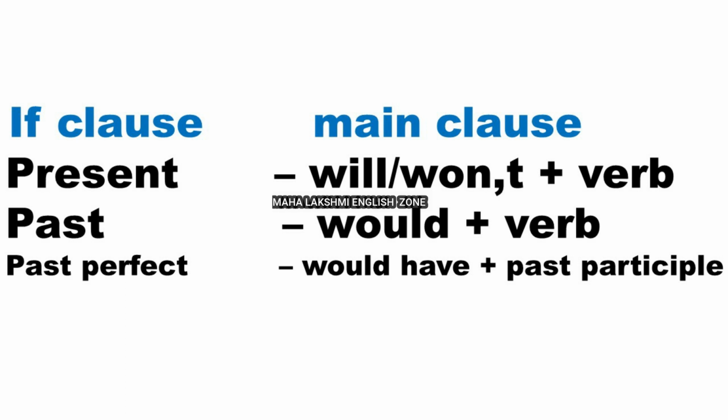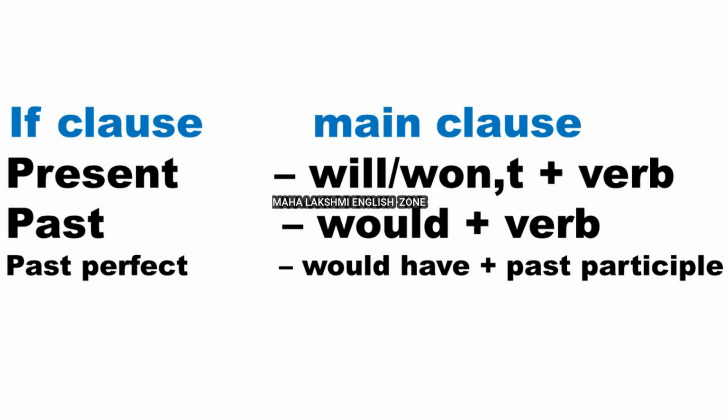So the first one is, in the if clause, the verb is in present tense. In the main clause, our answer will be either will plus verb or won't plus verb. Second one, if the if clause verb is in past tense, the answer will be would plus verb. If in the if clause the verb is in past perfect, then the main clause verb will be would have plus past participle. So easily we can remember this.